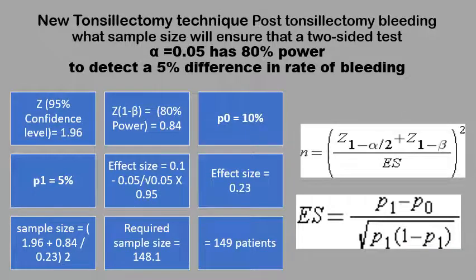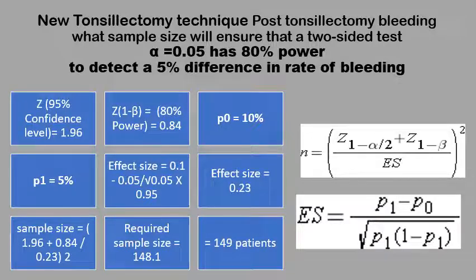So this is an example of comparing a percentage, a rate, a ratio, or a proportion that we have obtained from a single sample study with no controls to a known standard that has been published and accepted as a standard. We are comparing the postoperative bleeding of a new tonsillectomy technique, for example, to a known standard of the postoperative bleeding in tonsillectomy operations.